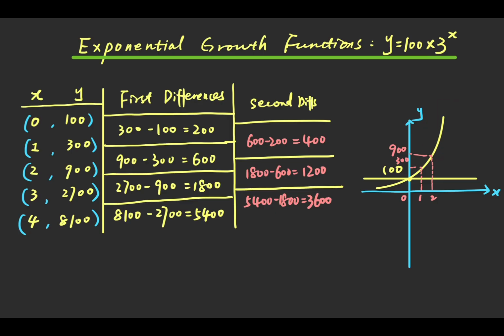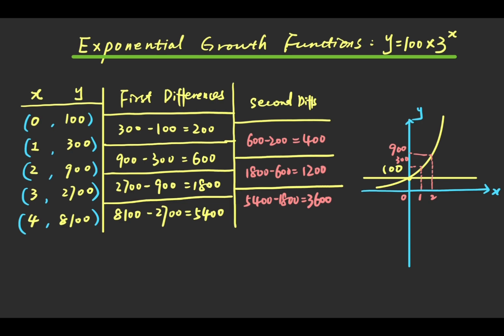Because this is an increasing function, we say the independent variable increases by a constant amount. The corresponding dependent variable increases by a common factor. All right, this constant should be this 3. That is, this is 100, this is 300, this is 900. All right, but the x increases by the same amount.